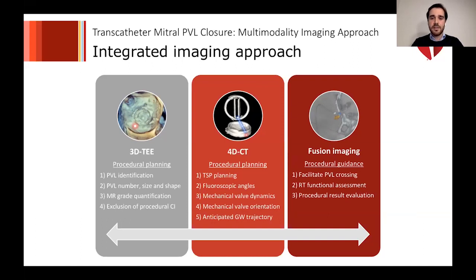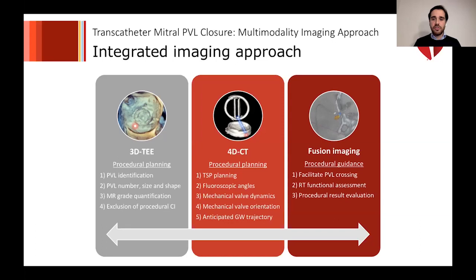Then we used the 4D CT approach for procedural planning, namely planning the transseptal puncture, identifying fluoroscopic angles that could help to better cross the PVL, and also to study the mechanics and the orientation of the aortic valve, and anticipate the guide wire trajectory.